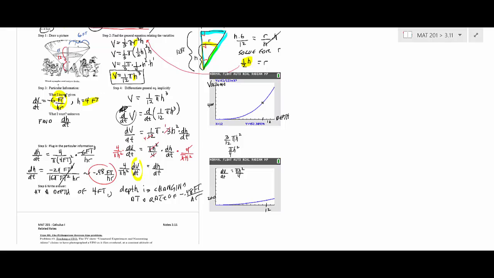I graphed that on my calculator, 1/12 pi h cubed, and I used x. So the depth started at 12. When the depth is 12, the volume is almost 400. That's what my graphing calculator is showing. When the depth is like 4 feet, which was out here somewhere, then we had a different volume.